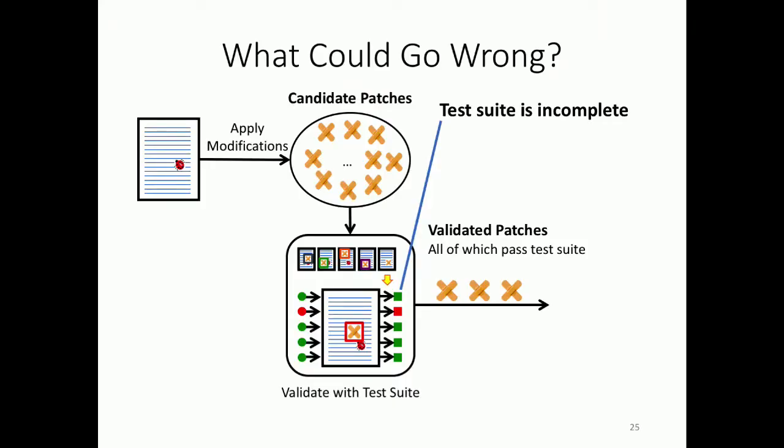As we all know, for large real-world applications, the test suite is always going to be incomplete because it is impossible to cover the input domain of a large application. This means that we may have validated but incorrect patches that get around the test suite but still have negative effects or potentially bad behaviors on corner cases.